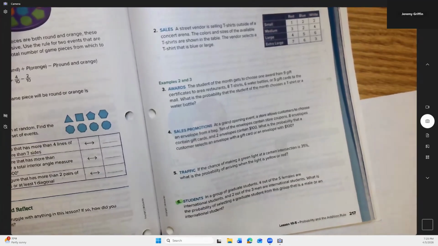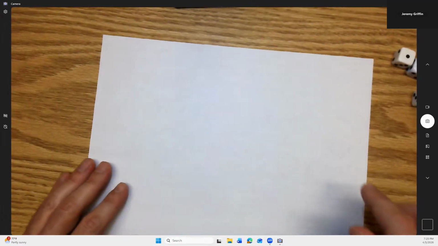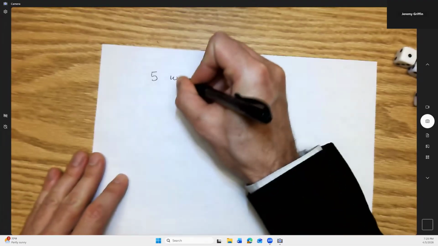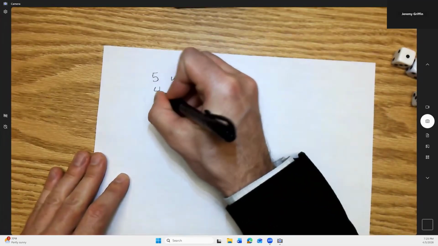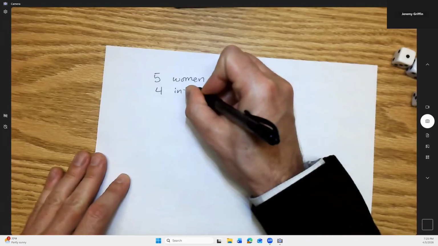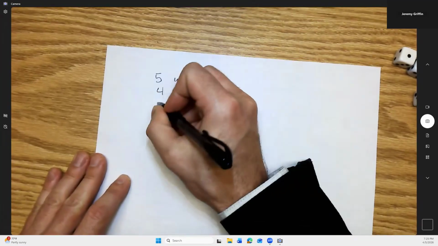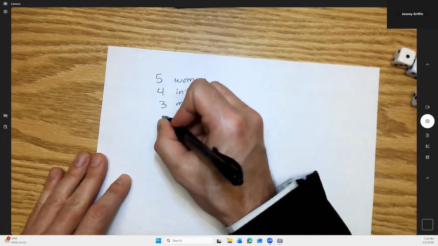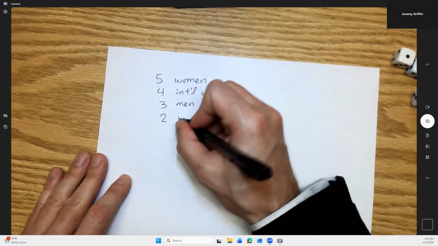You know what I think would help is to draw this out. Okay, so we got 5 women, and then 4 are international women. Okay, we got 3 men, and 2 are international.